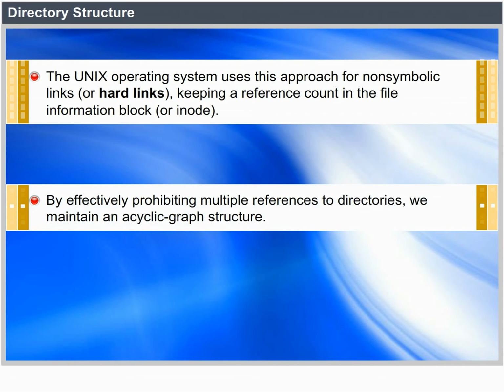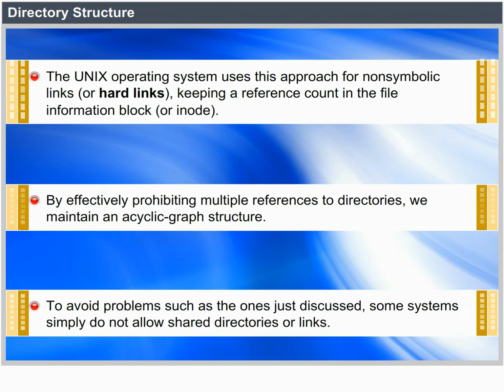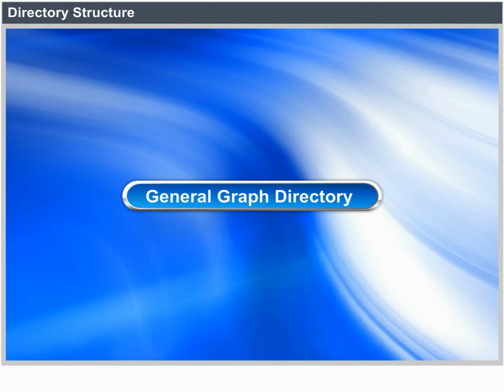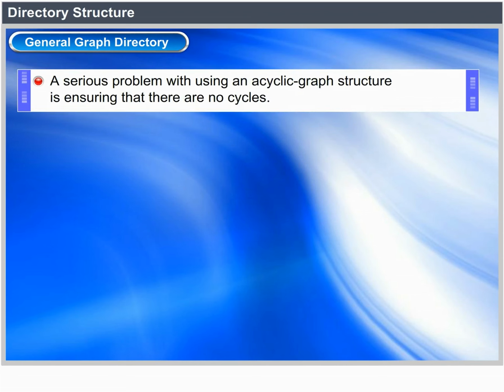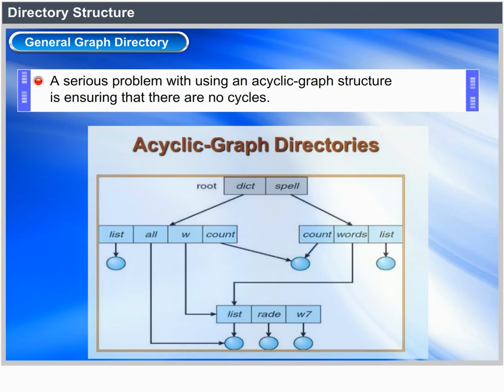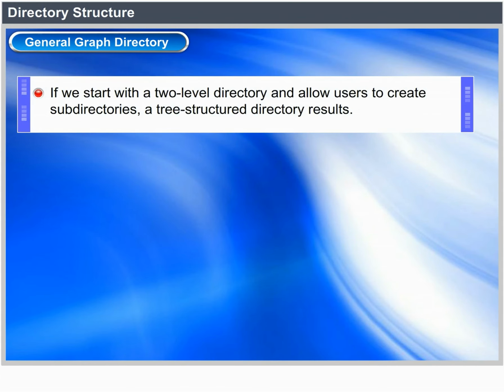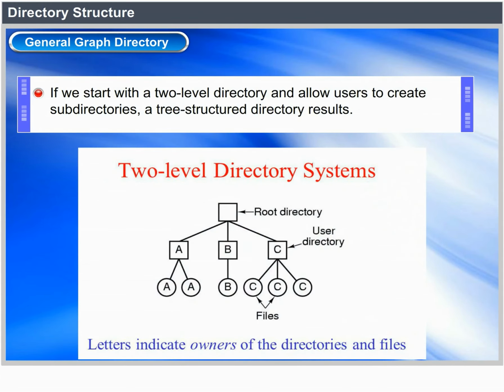To avoid problems such as the ones just discussed, some systems simply do not allow shared directories or links. General Graph Directory. A serious problem with using an acyclic graph structure is ensuring that there are no cycles. If we start with a two-level directory and allow users to create subdirectories, a tree-structured directory results.